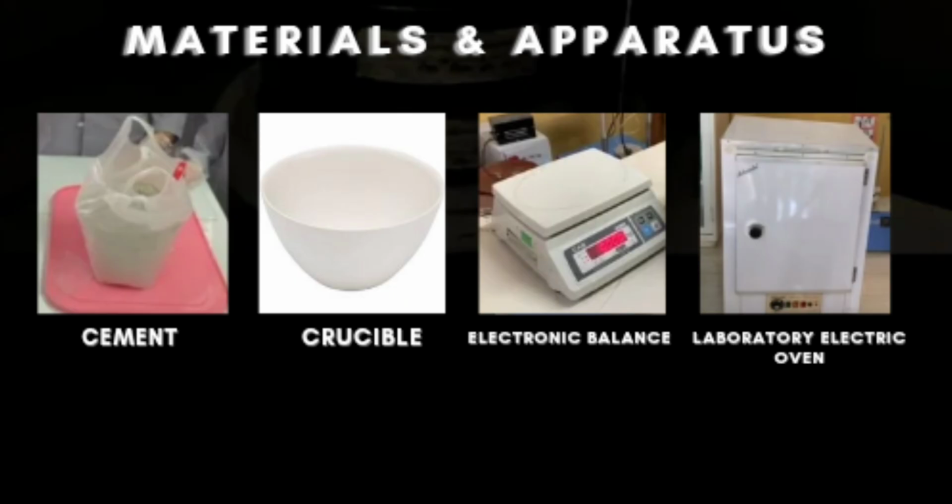For this activity, the materials and apparatus used are cement sample, crucible, electronic balance, and laboratory electric oven. These tools help us measure weight changes in the sample after heating to find its chemical loss.